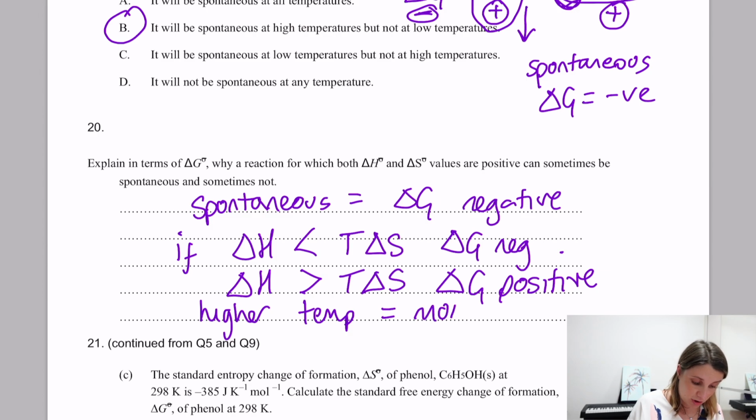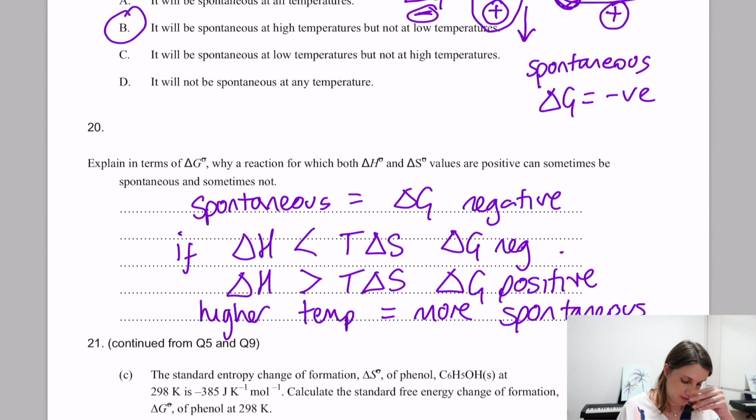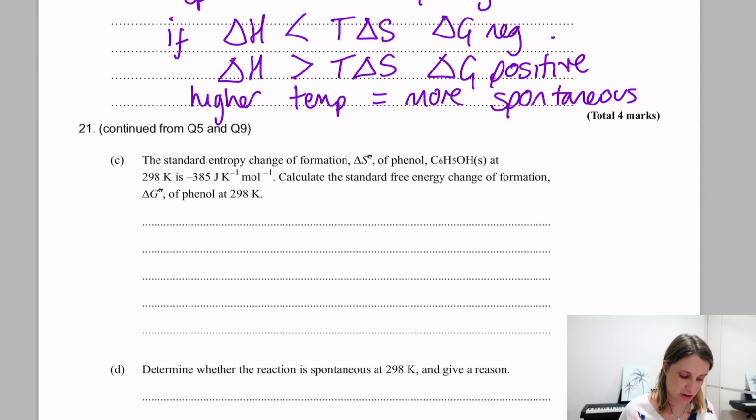So therefore, higher temperature is more spontaneous. I really recommend you just use inequalities to describe this, because it's really about the relationship between those two factors, and it's only the temperature that can change in a reaction. The delta H and the delta S are set if you know what the reaction is; you can't change them. It's only the temperature that can change.